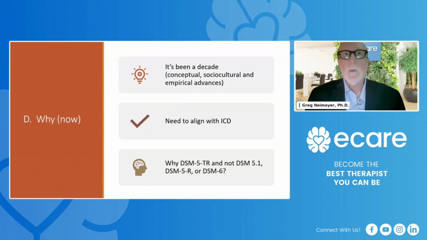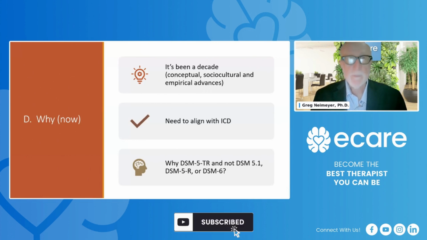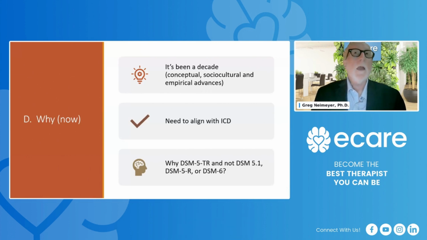If you remember, the whole purpose of changing from Roman numerals to Arabic numerals was to accommodate micro changes in the DSM. Every previous edition of the DSM was published with a Roman numeral: DSM-1, Roman numeral 2, 3, 3R, 4, 4R, and 5.